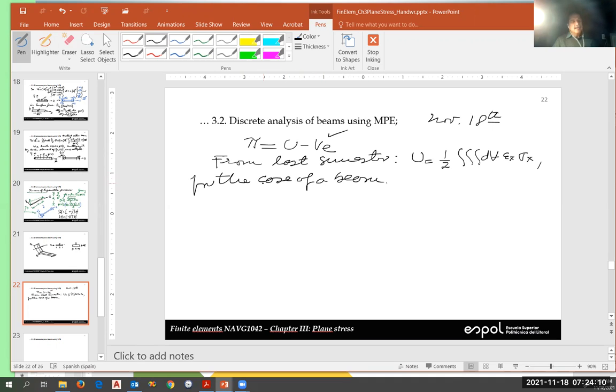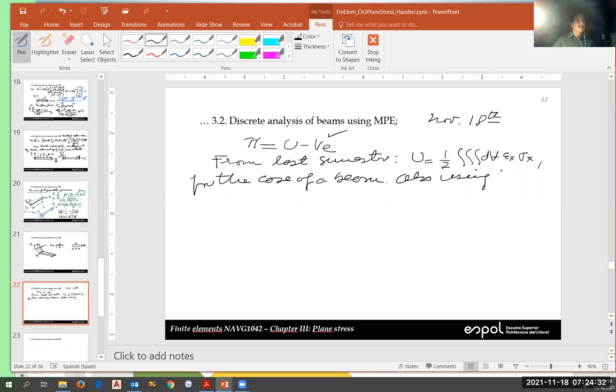Because in this case we have only one single element of the stress tensor. Also, this is force per unit area, this is length cubed, so the product will give you U.